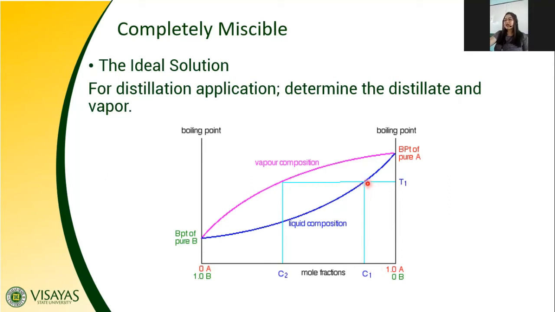This is where you first observe the liquid phase. And then as you draw a straight line here, they have the same temperature, but they have different compositions of the liquid system.